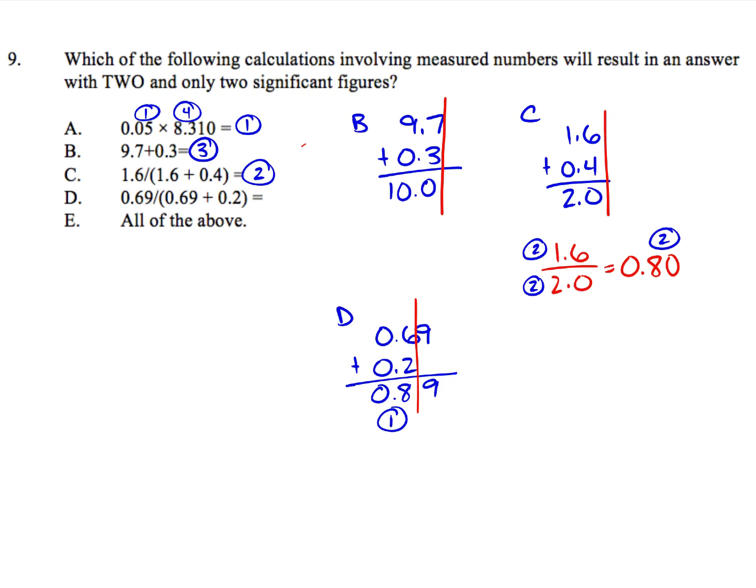That only has 1 sig fig in it. And I would just round that to 0.9. So for D, you have 0.69, which has 2 sig figs. The addition problem, which has 1, you're dividing, so the answer would only have 1 sig fig. So C is the only one that has 2 sig figs in the answer. Okay, does that make sense? All right. Any questions on this problem?